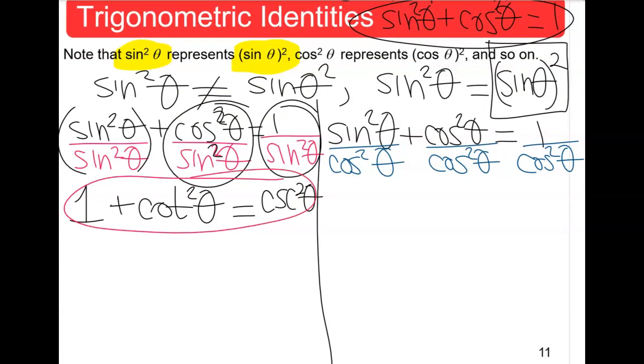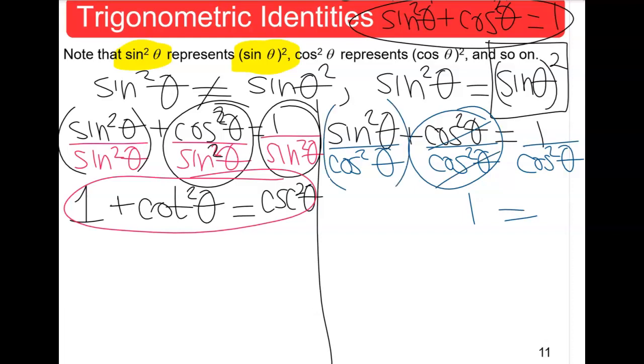Okay, now let's see what we get on the right side. And if you want to, you can pause the video, try to work it out yourself, and then unpause and check your answer. So, cosine squared theta divided by cosine squared theta is equal to 1, right? We say they cancel.